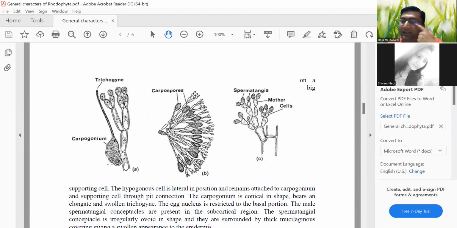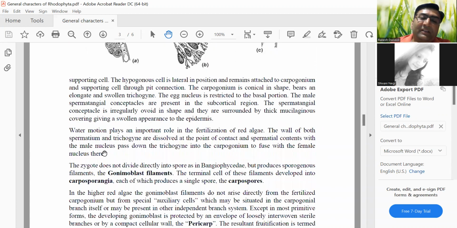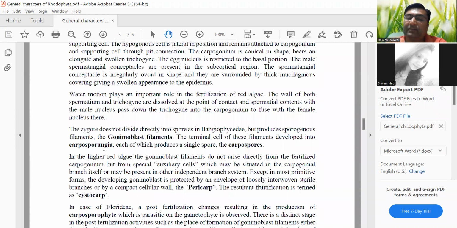So after fertilization, the supporting cell, hypogynous cell, and carpogonium, all these cells fuse together to form a complex structure. This gives rise to a particular structure known as the auxiliary cell. And this auxiliary cell forms the gonimoblast filament, right?